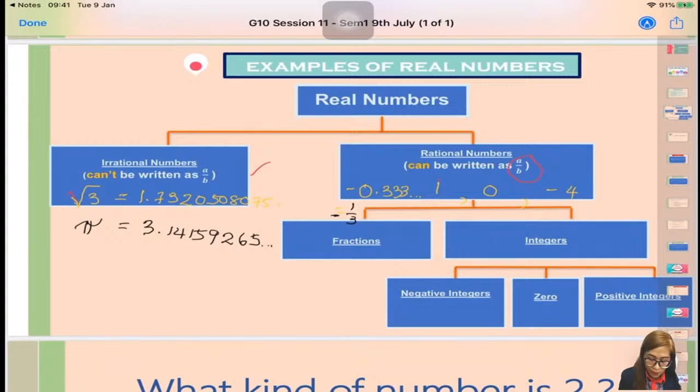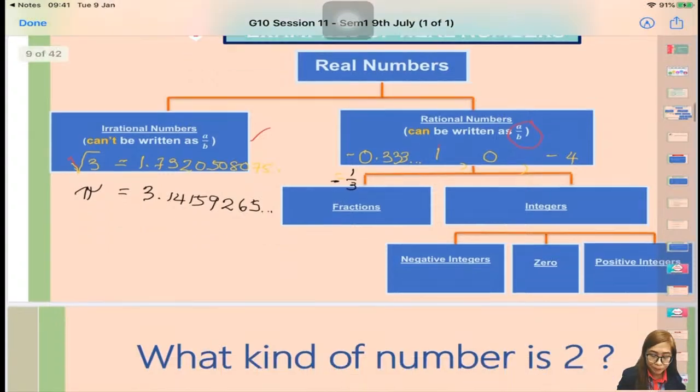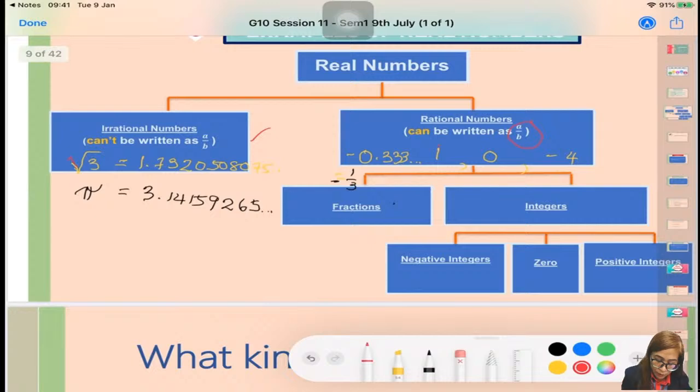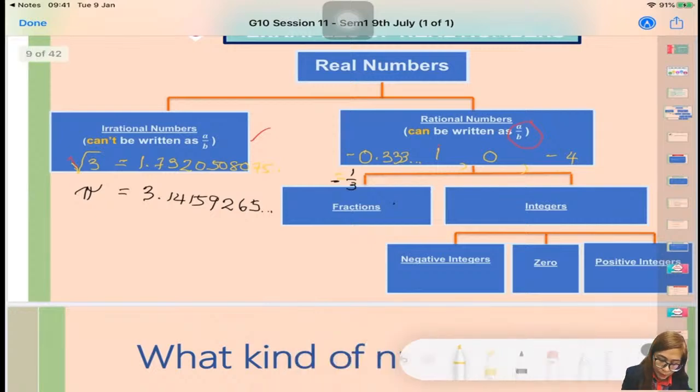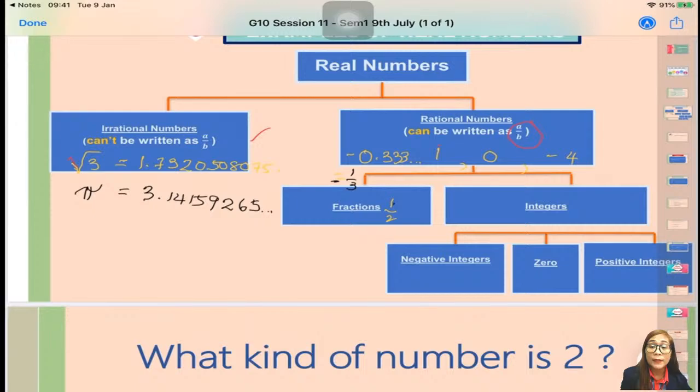For fractions, fractions are rational numbers. For example, we have 1/2. Let me change the color to yellow. So this is 1/2, a fraction, and we can also have negative 1 over 5 and many more. How about integers? Examples of integers, we have 2, 3, 4, or it can be 0, negative 1, and so on.